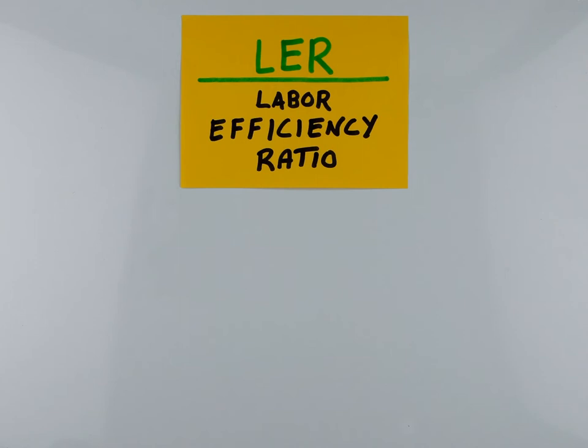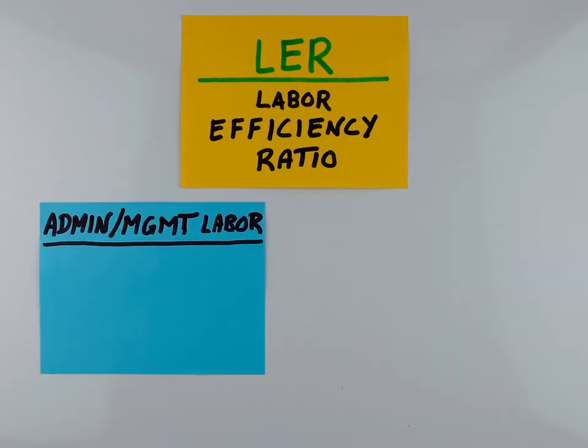And that's that we have to separate our labor pool into two categories. The first category is admin and management. So basically everybody on your team that is responsible for driving the company, the management side of the company, the sales, the hiring, the ordering of materials, the management of the overhead cost.